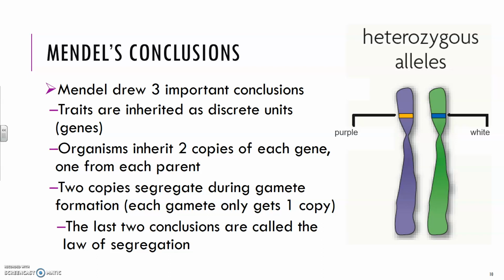So the last 2 of these conclusions combine to form the law of segregation. Now, Mendel also realized that because you have that 3 to 1 ratio, when you're talking about how the genes present themselves, there's also something called dominance and recessiveness that we're going to get into in the next section.